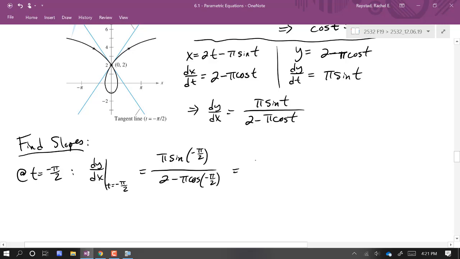Sine negative pi over 2 is negative 1, so that's negative pi over, cosine of negative pi over 2 is 0, so we get 2 on the bottom. Oh, so negative pi over 2. Okay.